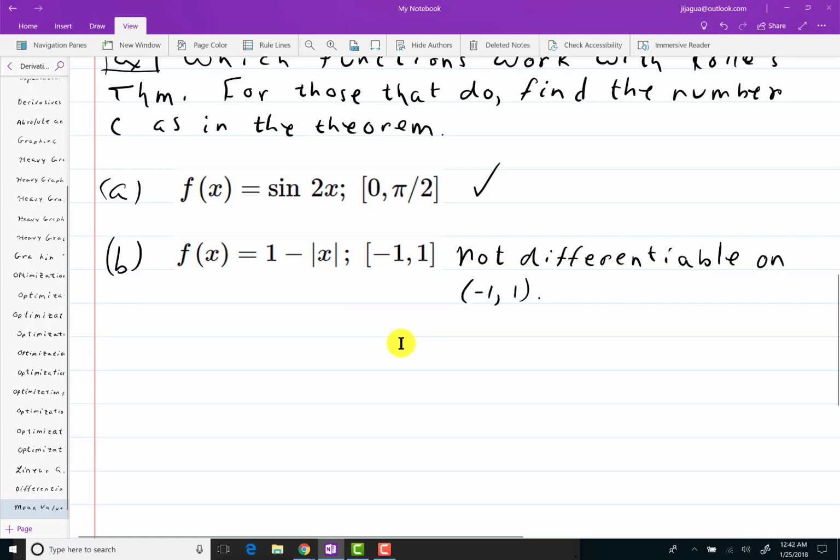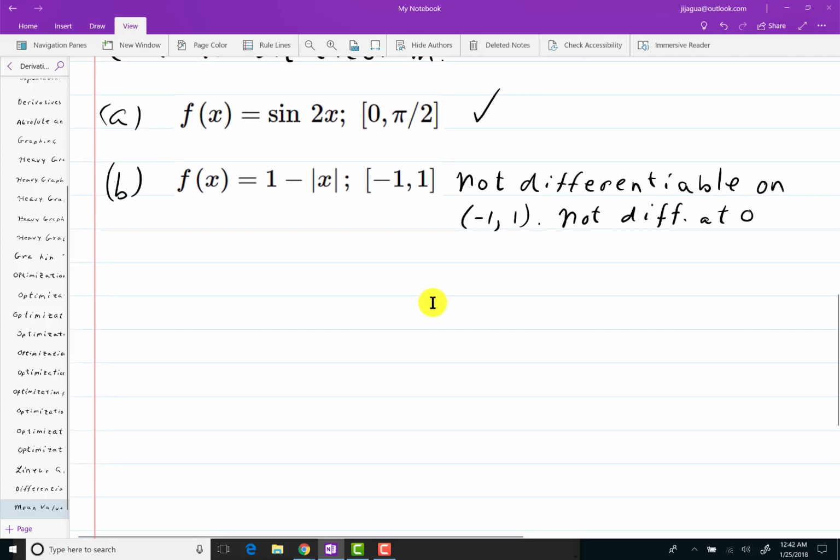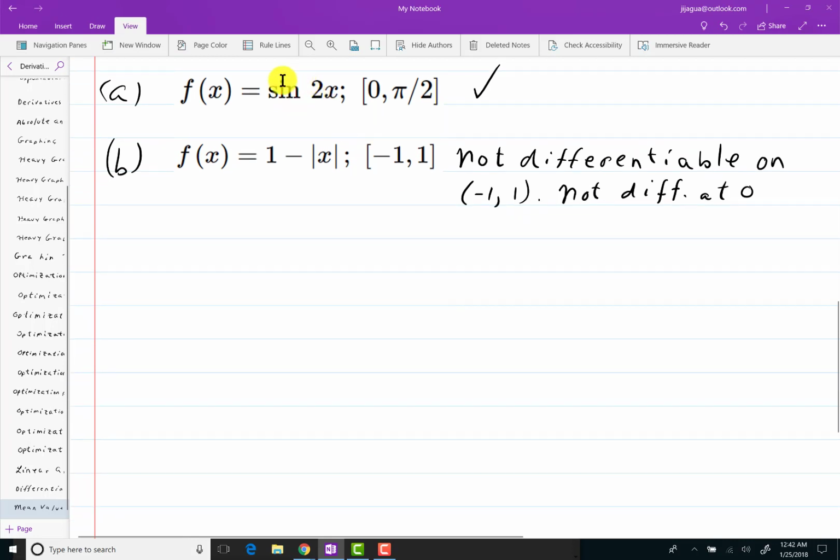In fact, it's 0 that is the problem. I'll say not differentiable at 0. So let's work part A and see if this satisfies the other two things. So we've got differentiable and we've got continuous and all that.